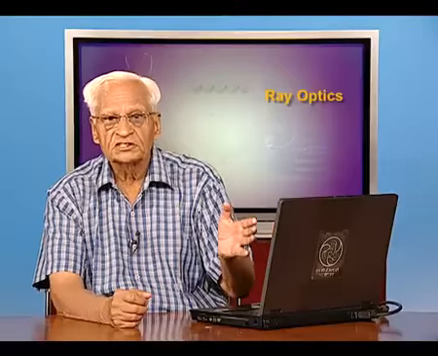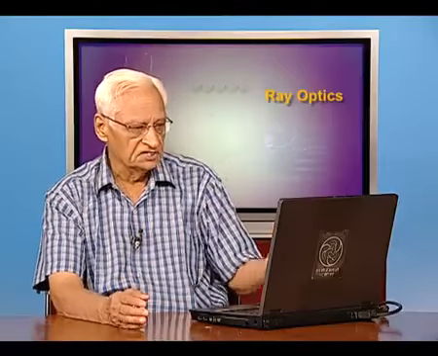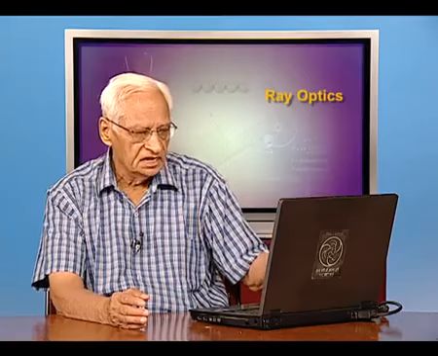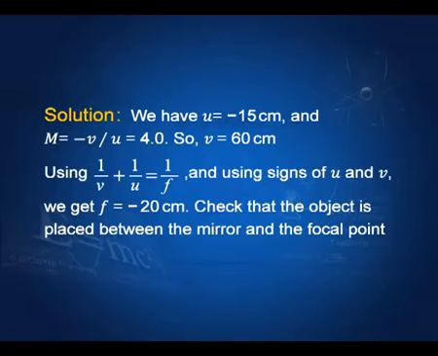So, we must first of all see what is given, and what is given in this case is the distance of the object, that is u, and we know for a concave mirror the distance of the object is negative. So, u is minus 15 centimeters. M, as we have already learned, the magnification is minus v by u, and in this case it is 4.0.